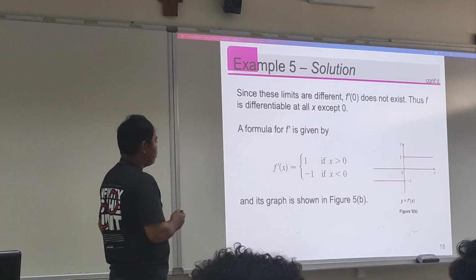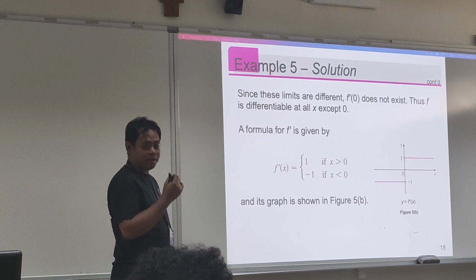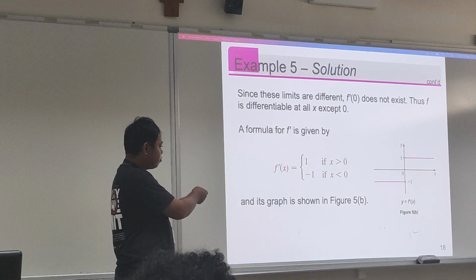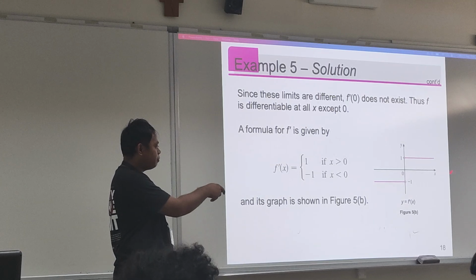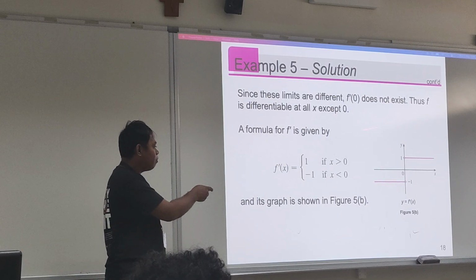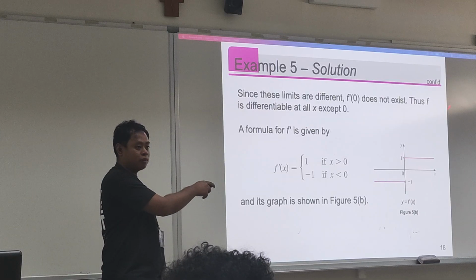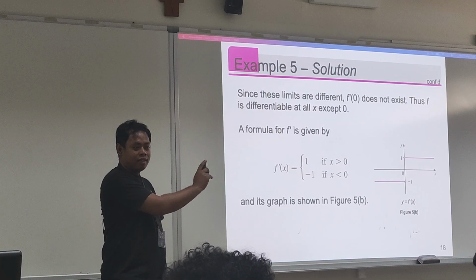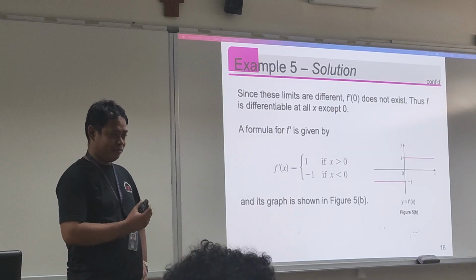As you can see, the formula for f prime is given by this: 1 or negative 1. So with that, you have this piecewise function, and it is given by this. You can see it is differentiable for any number here except at 0. What you have is 1 and negative 1.